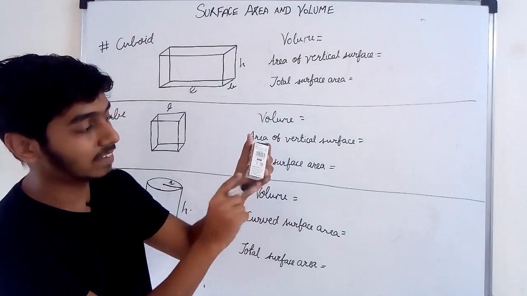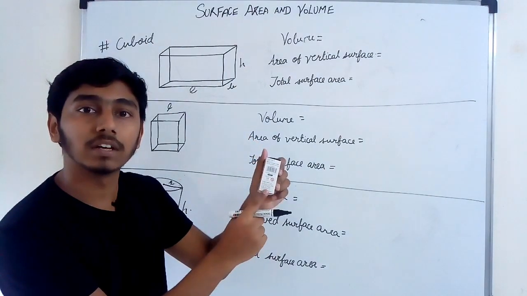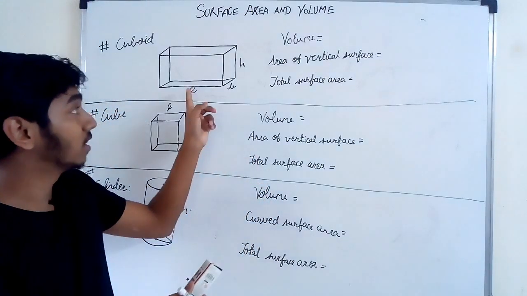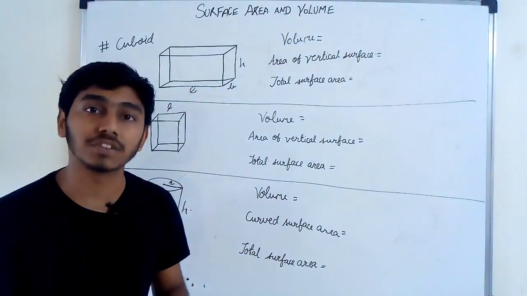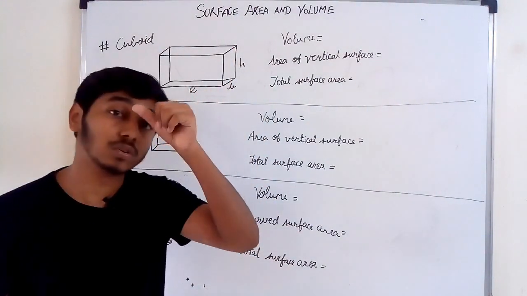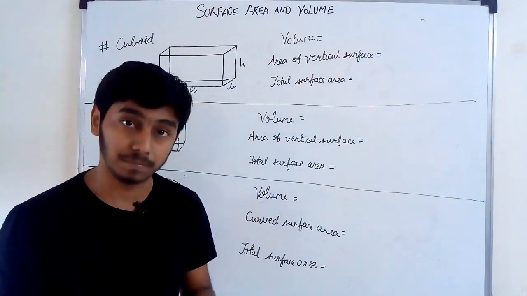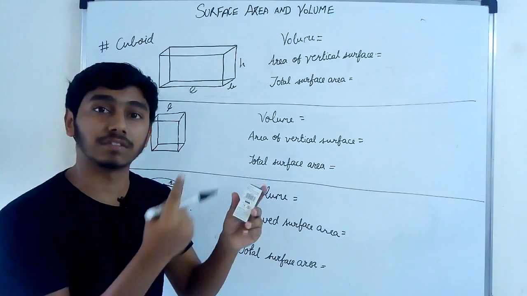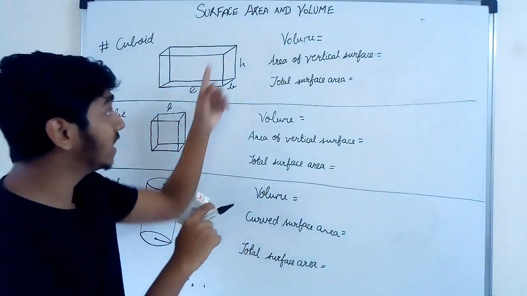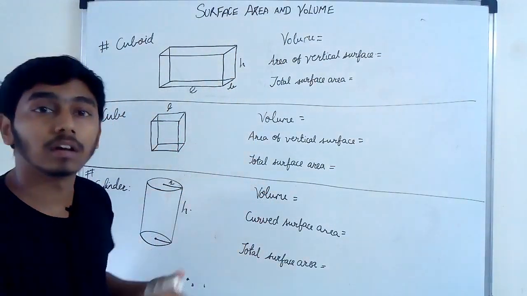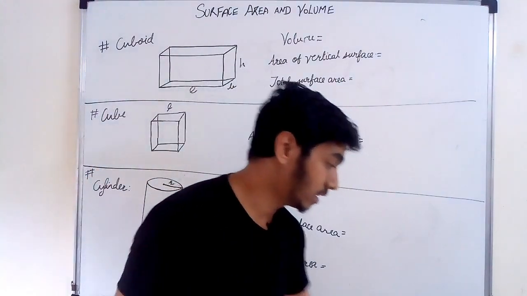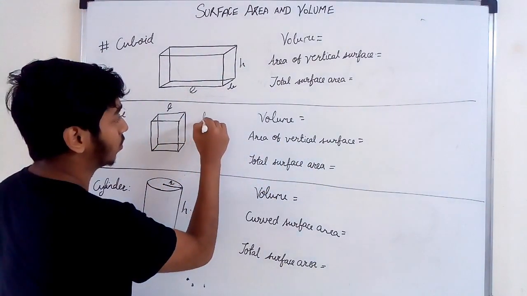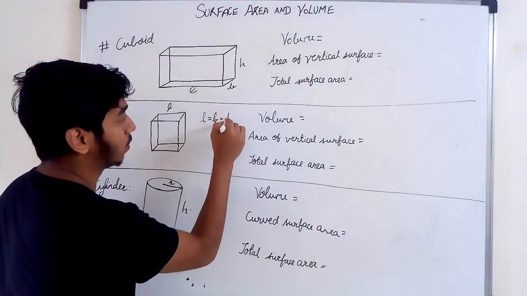Length and breadth can be the same while the height is different. If all three are the same, you know that it's a cube. So length equal to breadth equal to height.